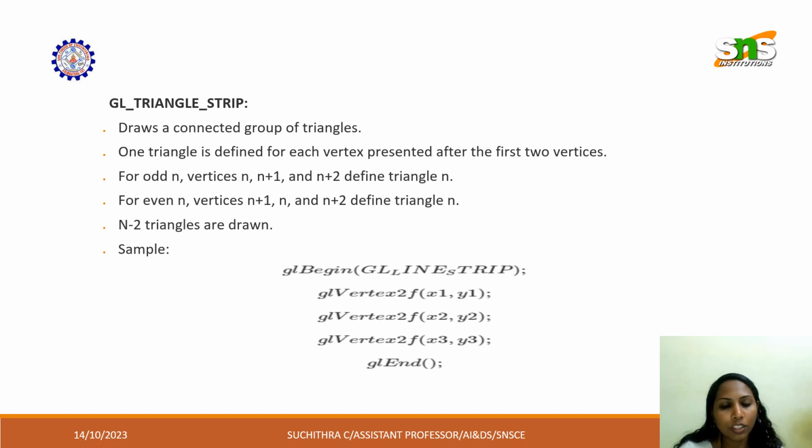For even n, vertices n+1, n and n+2 define triangle n. n-2 triangles are drawn. Here we are going to use the function glBegin(GL_TRIANGLE_STRIP). Here we are giving the vertices x1, y1, x2, y2, x3, y3, glEnd().